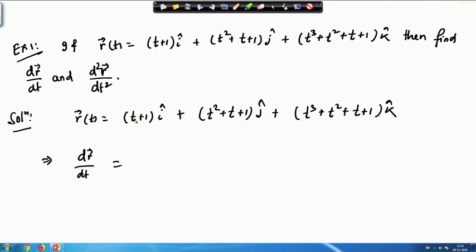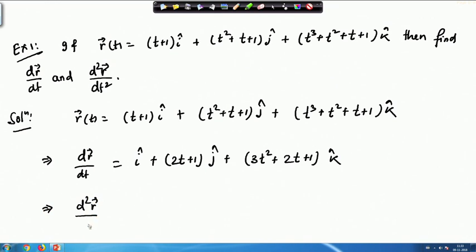If I differentiate this, then the differentiation of 1 is 0, and the differentiation of t is 1. So, this will be i. Similarly, this will be (2t plus 1) j, and this will be (3t square plus 2t plus 1) times k. When I differentiate again with respect to t, the differentiation of 1 is 0 times i, the differentiation of 2t is 2 and of 1 is 0, so 2j, and the differentiation of 3t square is 6t plus 2 times k.